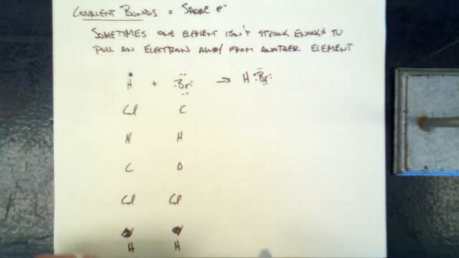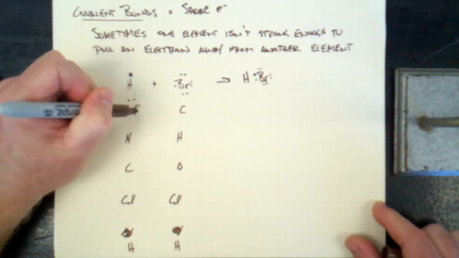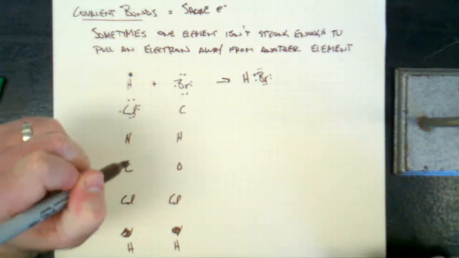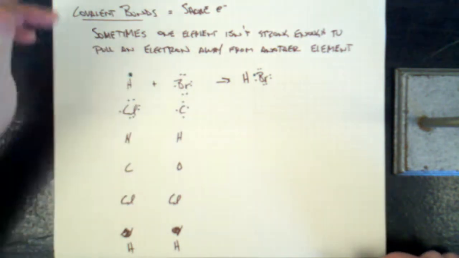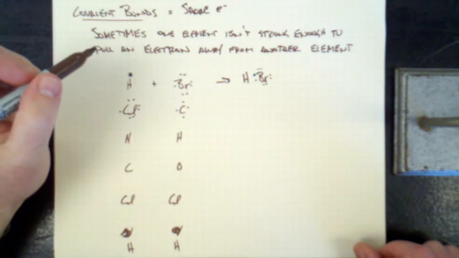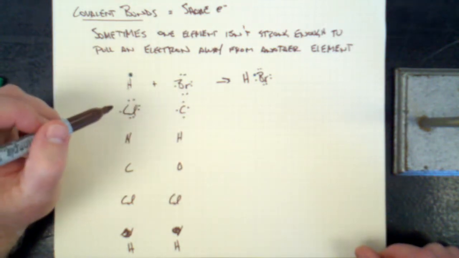Let's take a look at these guys. Chlorine is in column 17, so it has 7 electrons around it. Carbon is in column 14, so it has 4. So this electron fills in this space.